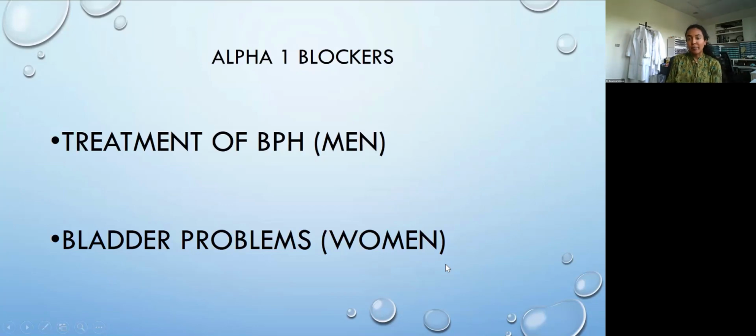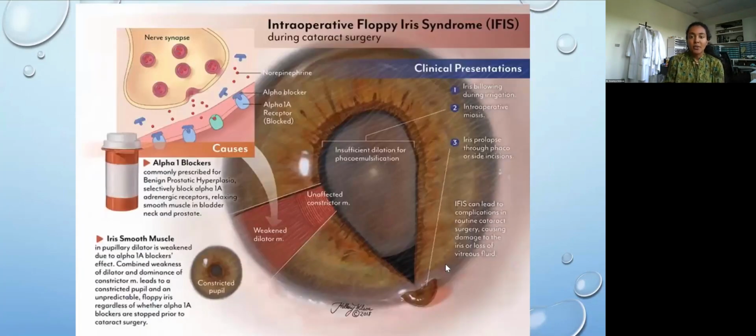This medication is used to relax the bladder. This is a very busy slide, but alpha-1 blockers relax the smooth muscles in the neck of the bladder and the prostate, making it easier to urinate.